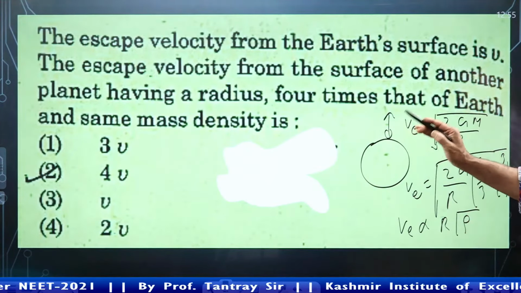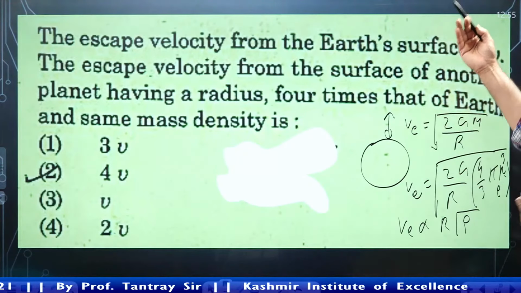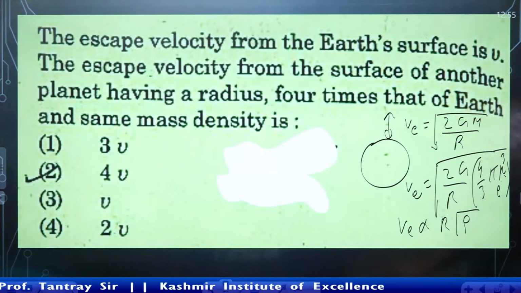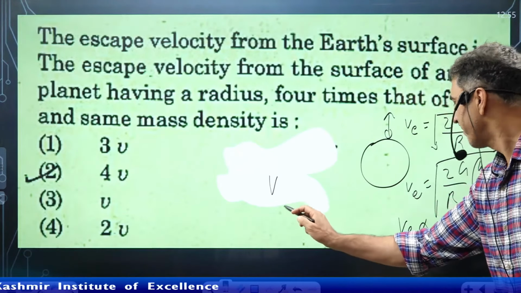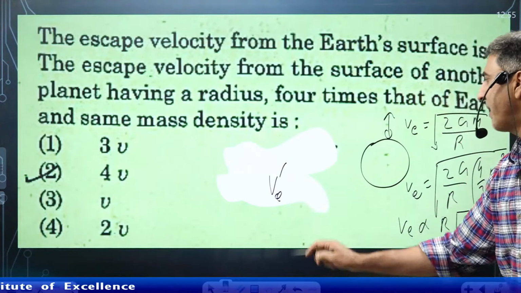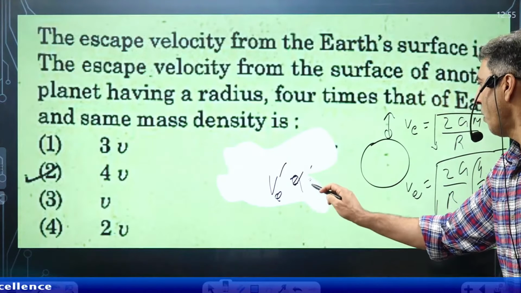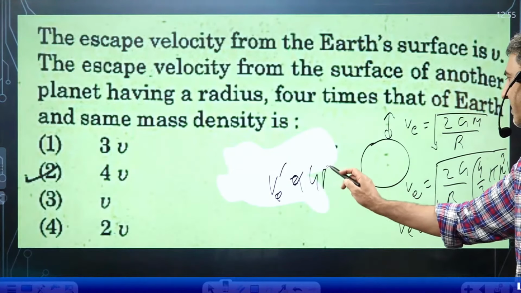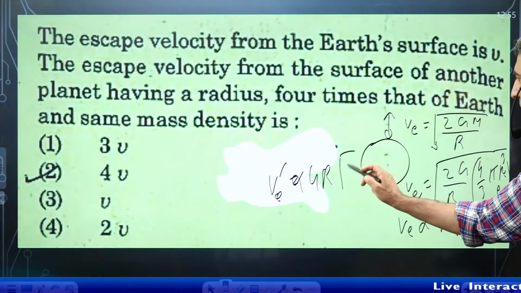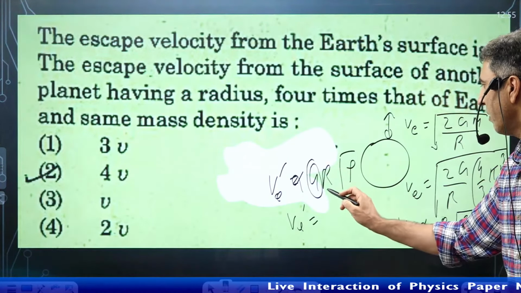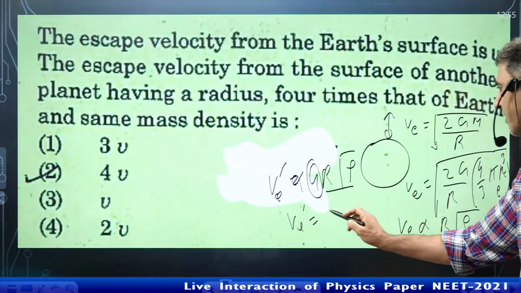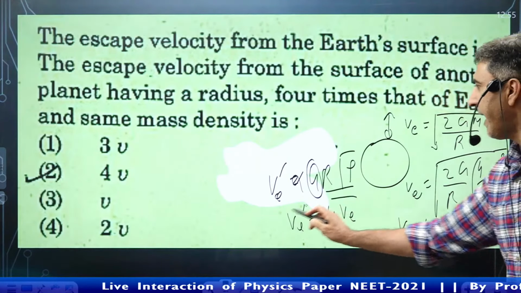Now, if we want to find the escape velocity from the surface of a planet having 4 times the radius, density the same, we can use this equation. So escape velocity there is proportional to 4 times R, because the radius is 4 times, root of rho. R root rho is the same as VE, so it is 4 times VE. That should be the answer.